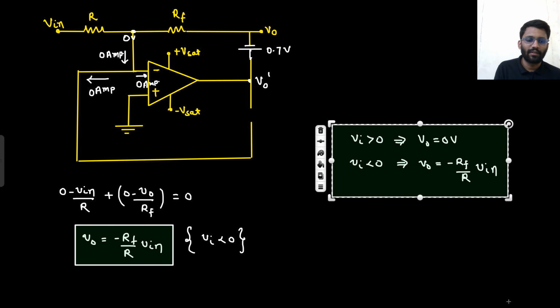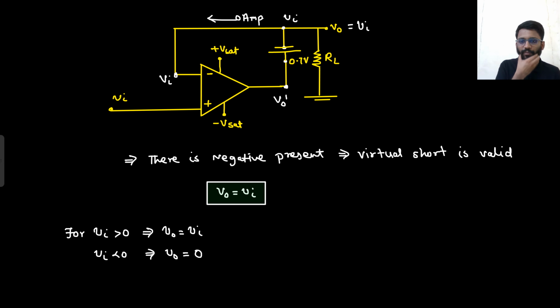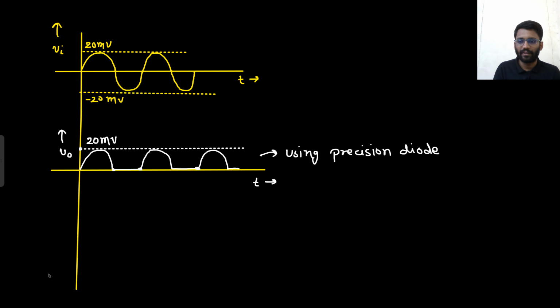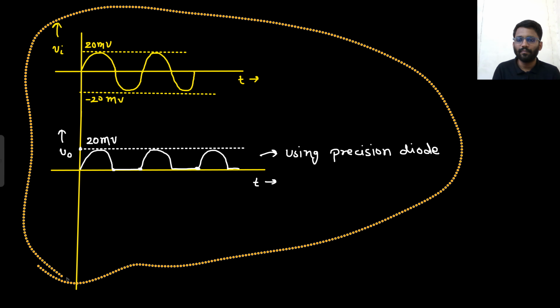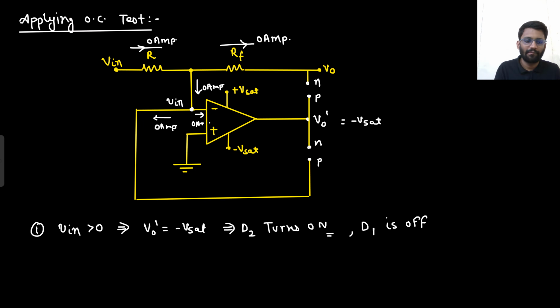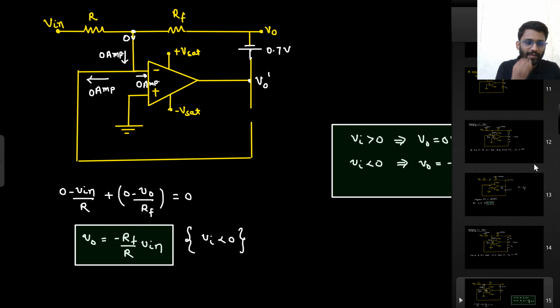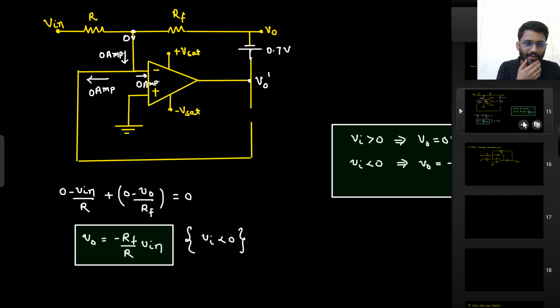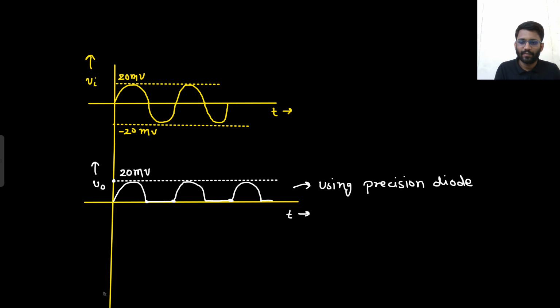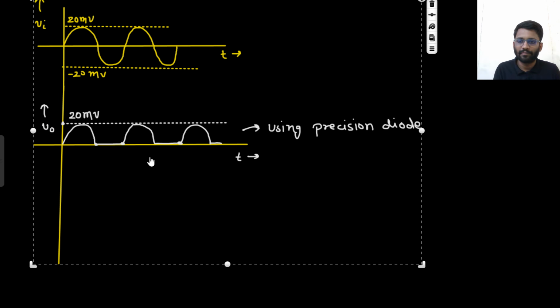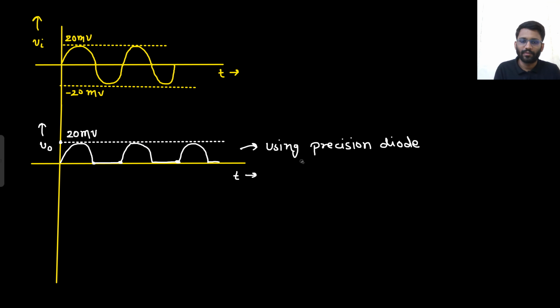So if I draw this waveform, forget about this precision diode, forget about this amplitude as well.